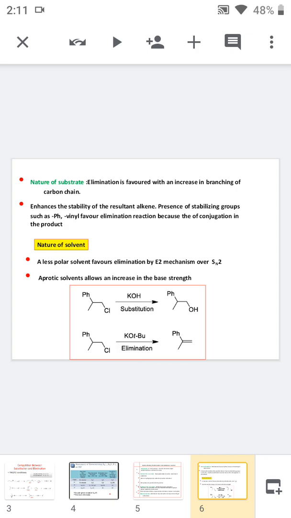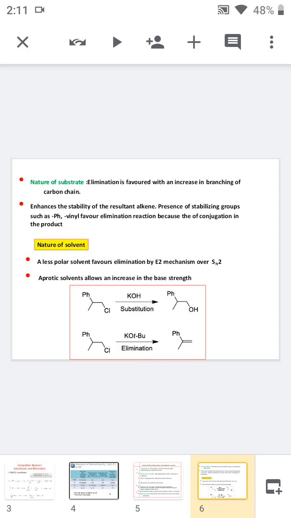Now consider one example. In this example, our base is KOH. We have already discussed the difference in structure of the substrate. Now we will discuss the difference in the bulkiness of a base. In the first case, we are using KOH as the base. In that case, the chlorine is replaced by the OH group.